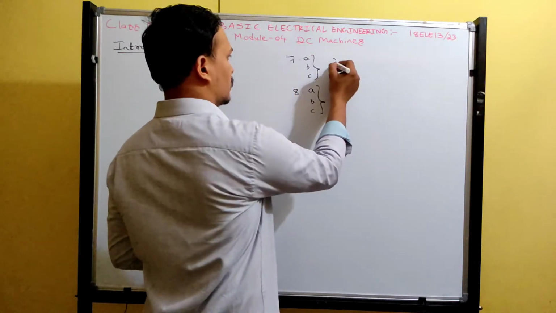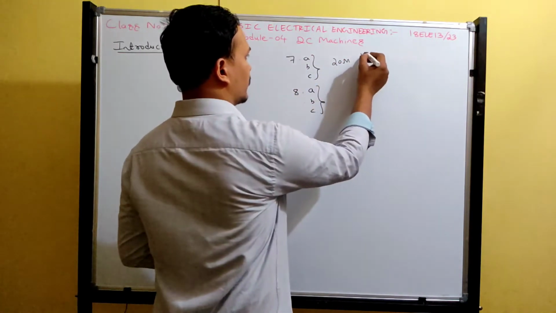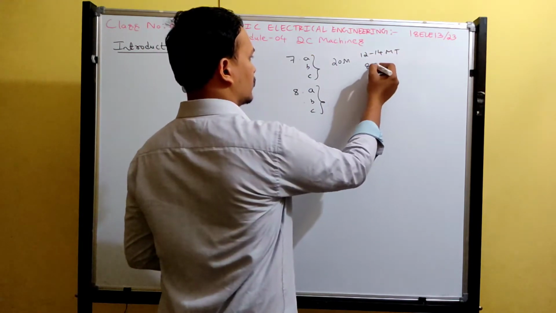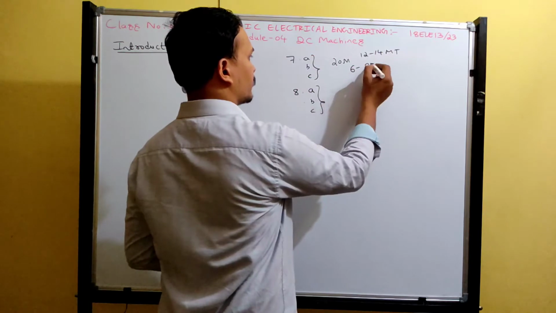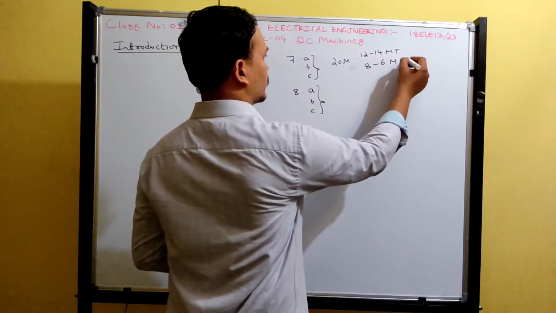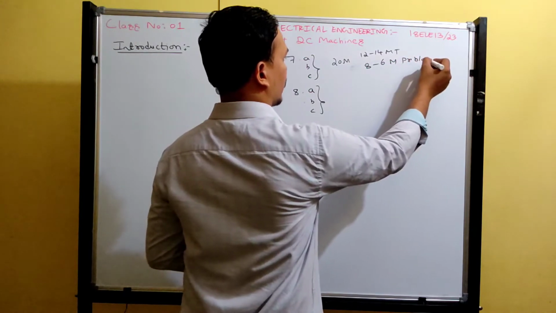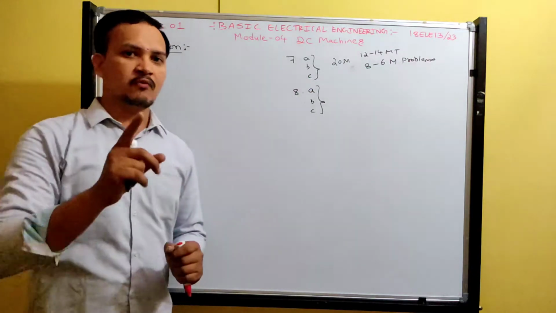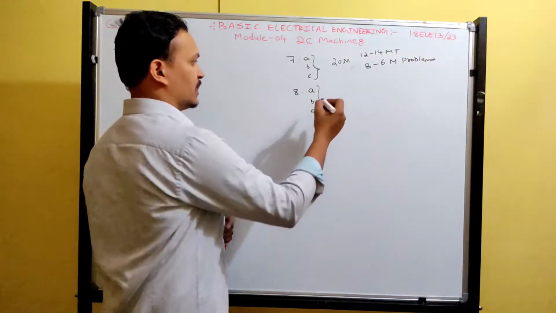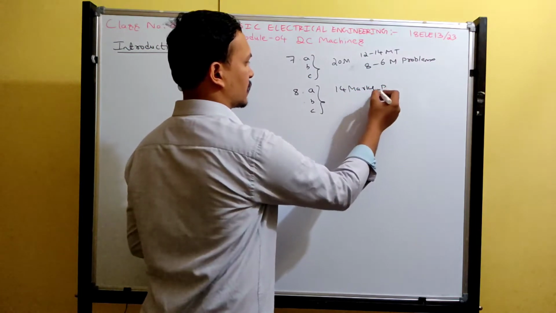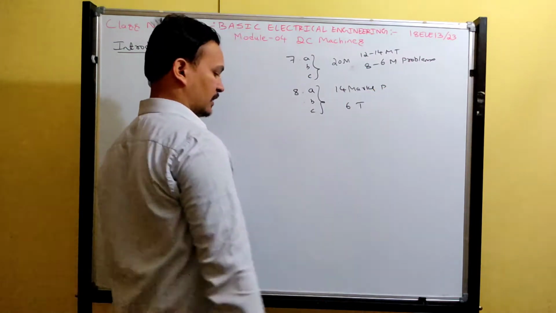On average they asked 12 to 14 marks theory and 6 to 8 marks problems. Only one time they asked 14 marks problems and 6 marks theory.